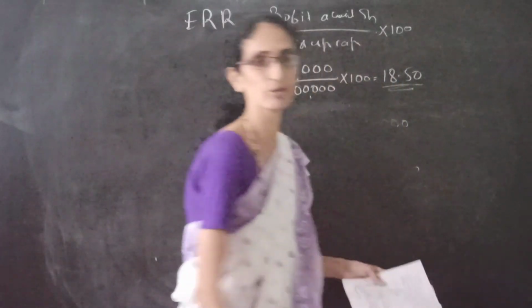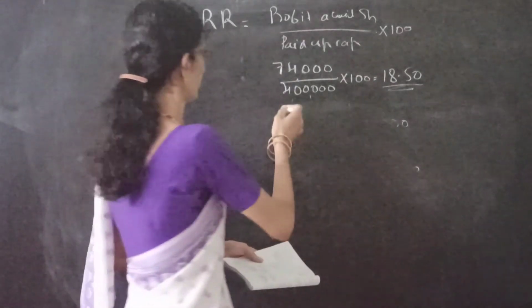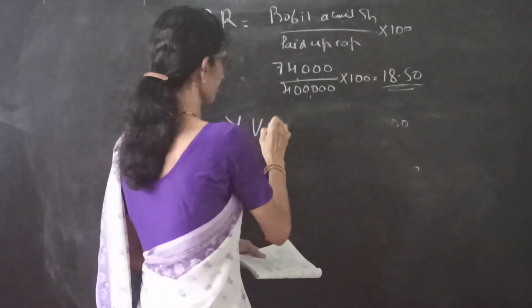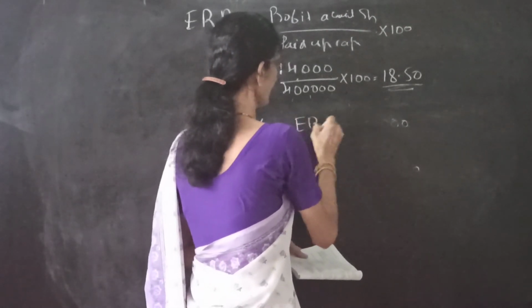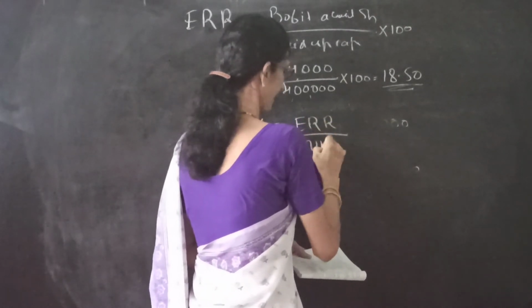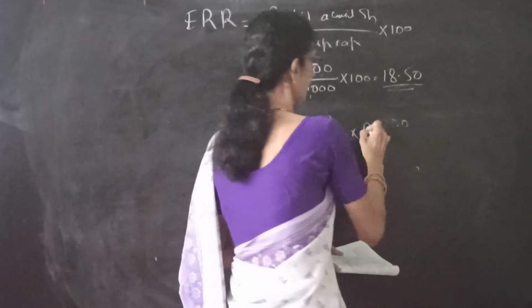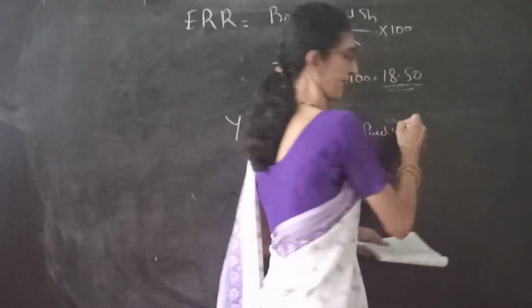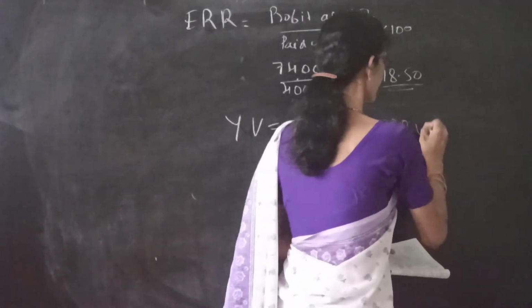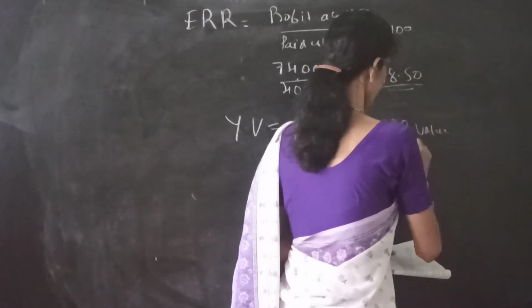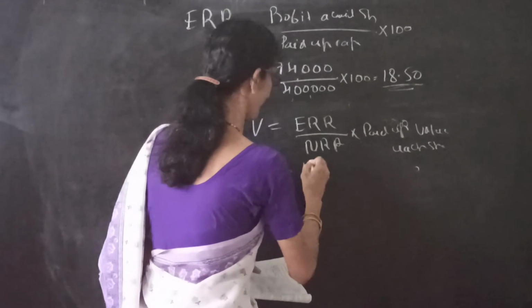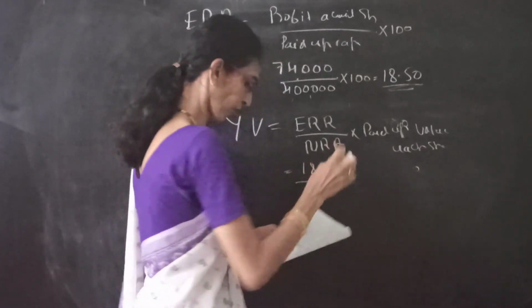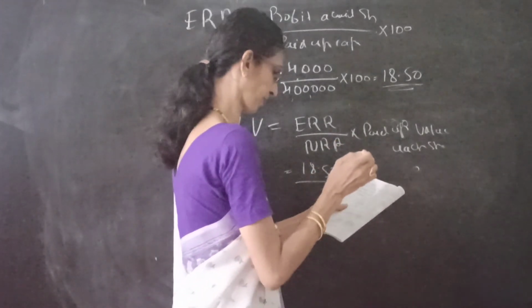Next we have to calculate the yield value. So yield value is equal to ERR divided by NRR into paid up value of each share. ERR already calculated 18.50. Normal rate of return is given in the problem.